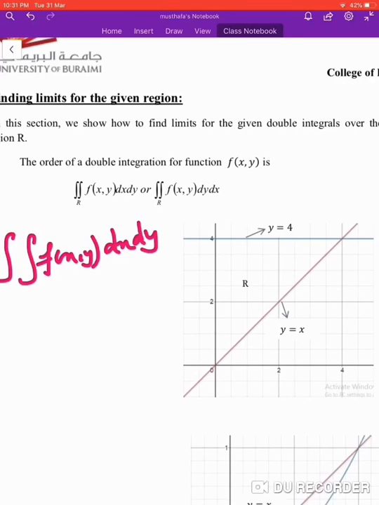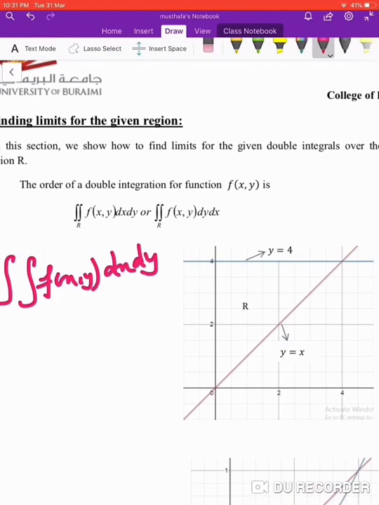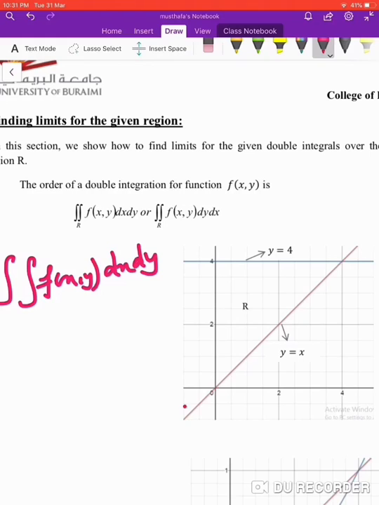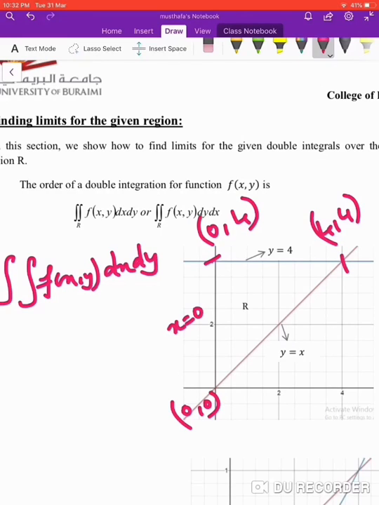This point is 0 comma 0, and this point is 4 comma 4, and this point is 0 comma 4. Now the y-axis, the equation is x equal to 0. The x-axis, the equation is y equals 0.